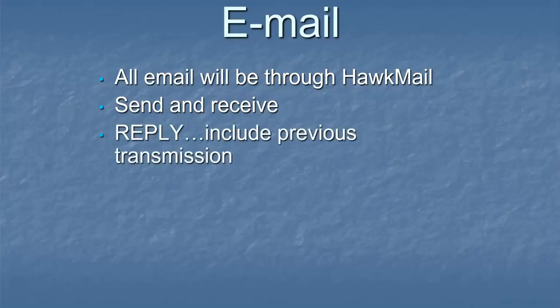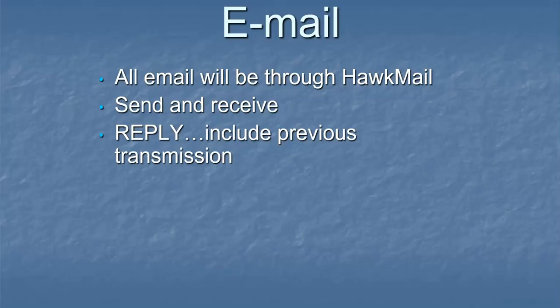If you are replying to an email that I have sent you, please include the previous transmission. I get about 75 emails a day from people. Most people do not put their name in it. So when you are sending an email or replying to an email, you might want to set up a signature that should include your name and your HAC ID number.